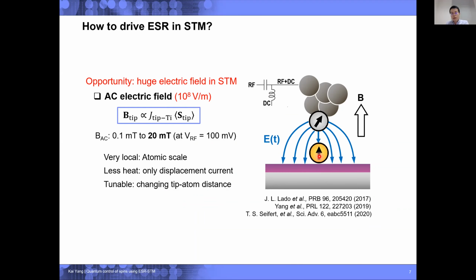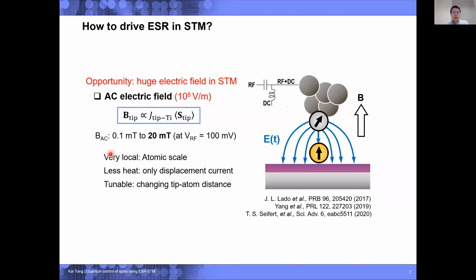Since we also have the magnetic interaction between the surface spin and the magnetic tip, this piezoelectric motion of the surface atom can induce an effective AC magnetic field, and the strength of this field can be as large as 20 millitesla. And then we can use this AC field to drive the spin resonance of the surface atom.